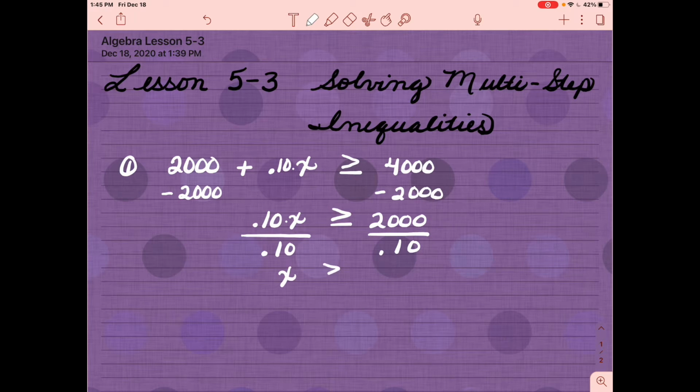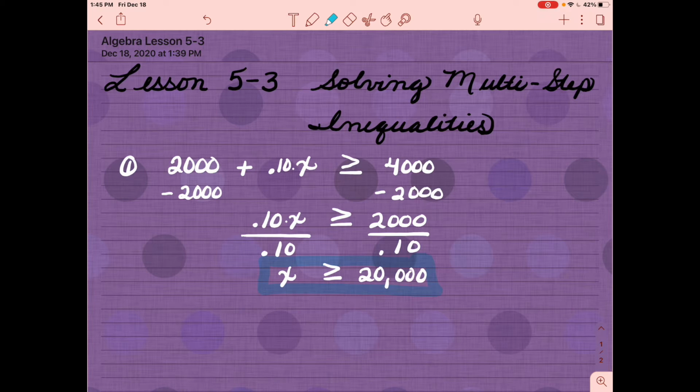X is greater than or equal to 20,000. And notice I never divided or multiplied by a negative, and so I don't need to flip my sign at all. So she needs to sell 20,000.